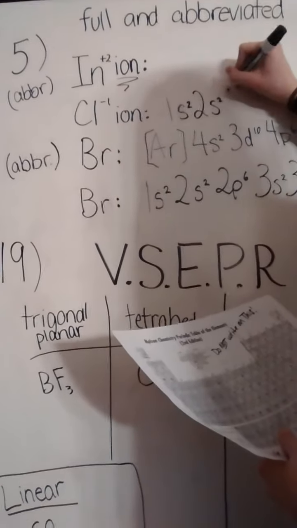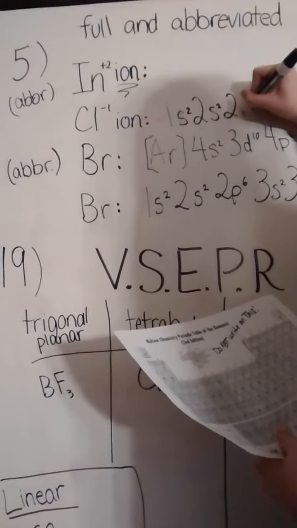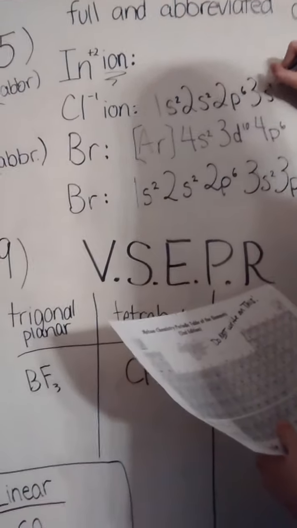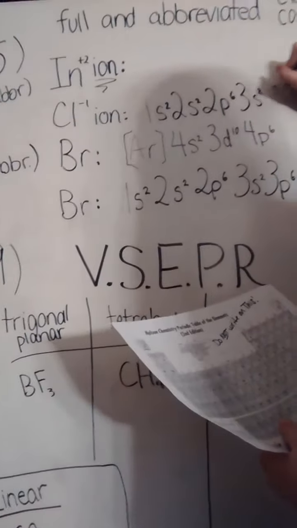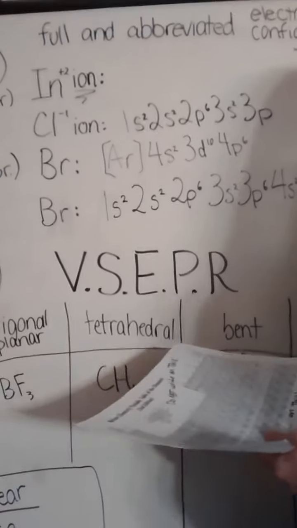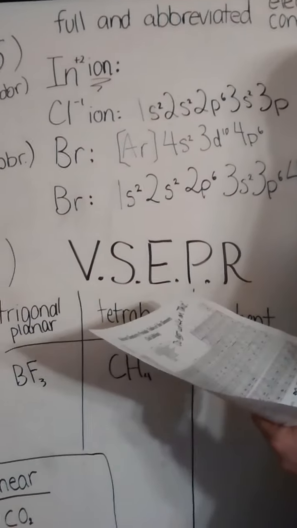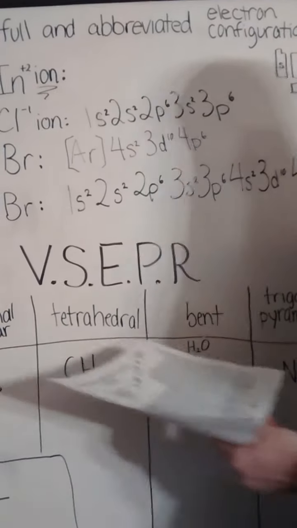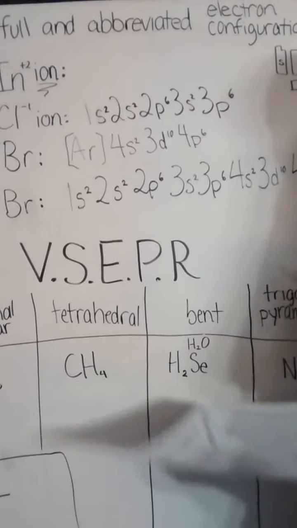First row, second row. And then normally chlorine will only have 3p5, but because it's an ion, it has an extra electron. It's a -1 charge, so it's actually going to be 3p6. It's like the noble gas. So that's one example.